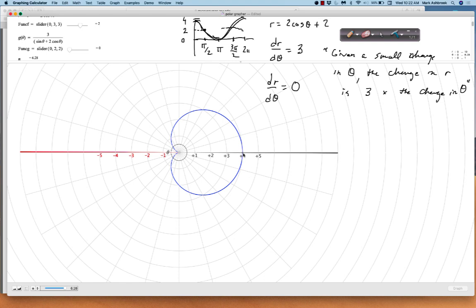So the only place where r doesn't change for a change in theta is here at 0, and then again at 2 pi. But everywhere else, r is changing. We're going through these circles instead of staying tangent to one of those circles. Okay, so that's dr d theta.